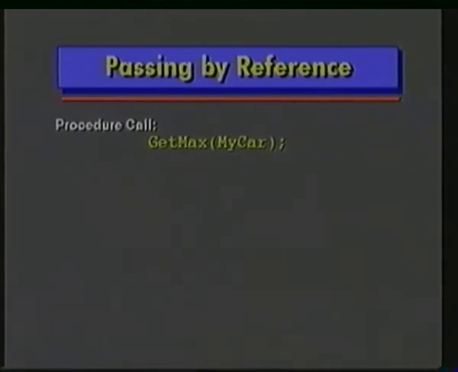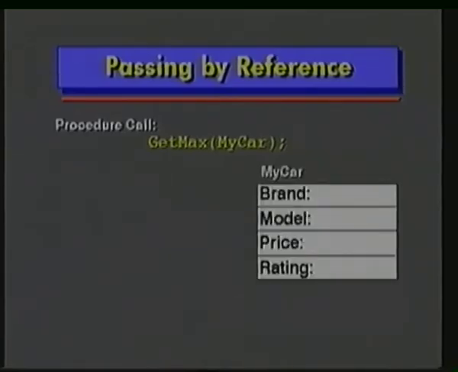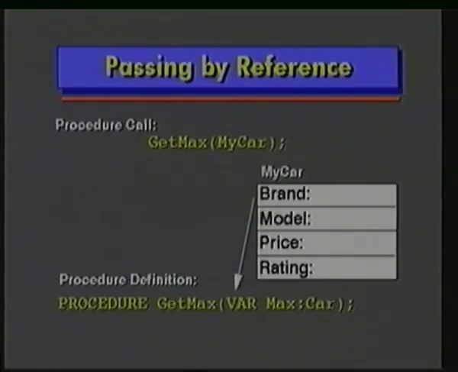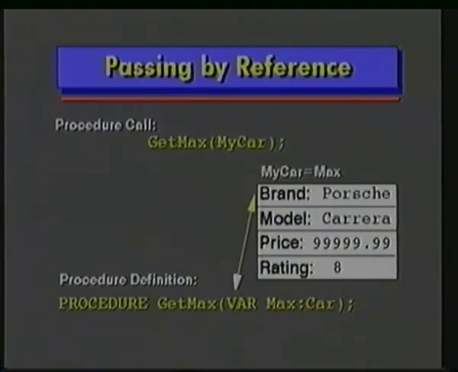The procedure declared here returns the record for the highest priced car based on a record it receives as input. With this technique, the record itself is used in the procedure, as indicated in the declaration by the use of the keyword var. In other words, when we call by reference, if the value of an argument is changed by a called procedure, the variable itself is changed.